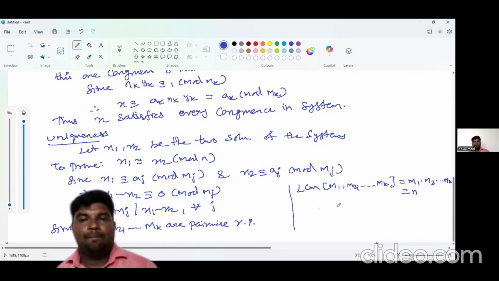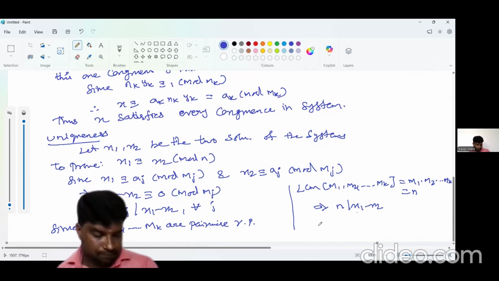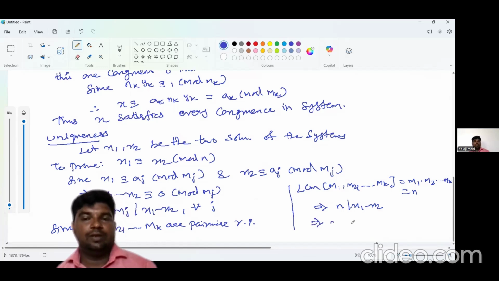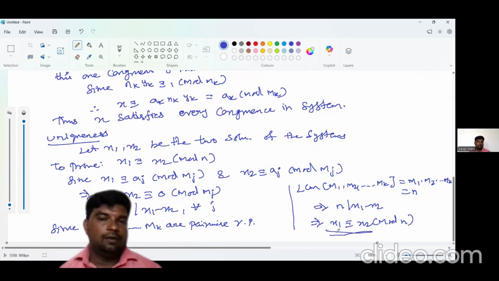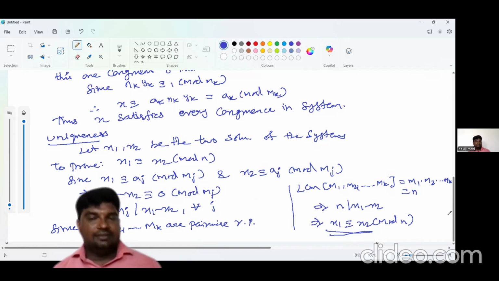Therefore n divides x1 minus x2, which implies x1 ≡ x2 mod n. Therefore uniqueness is shown. Hence the solution is unique.